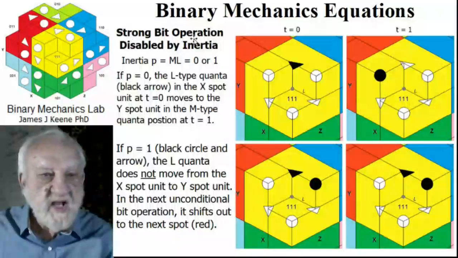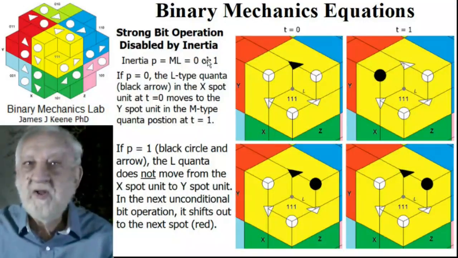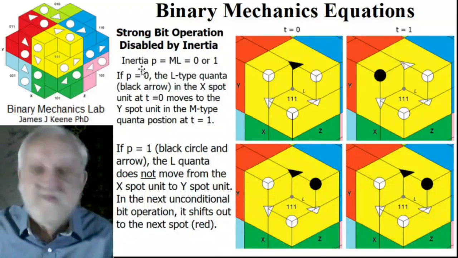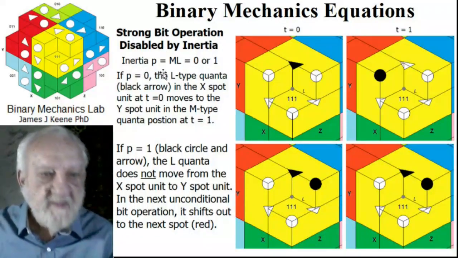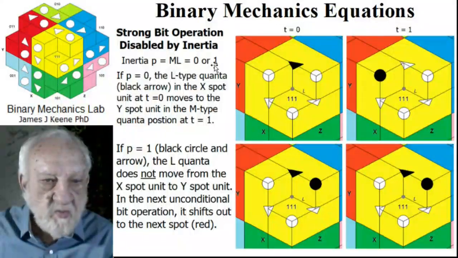Now, the strong bit operation is disabled by what we call inertia. We define inertia, P, as the product or AND function of the M and L loci in a spot unit, and that can equal 0 or 1.